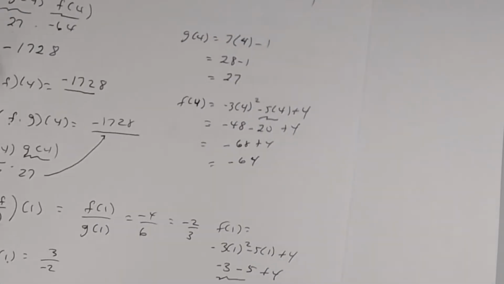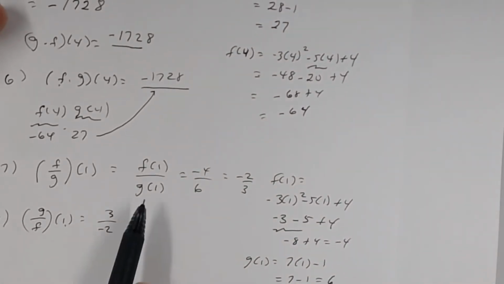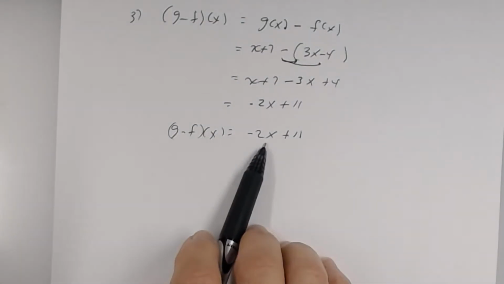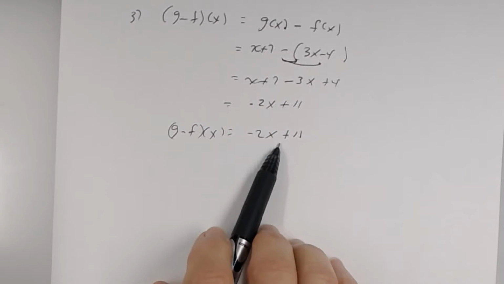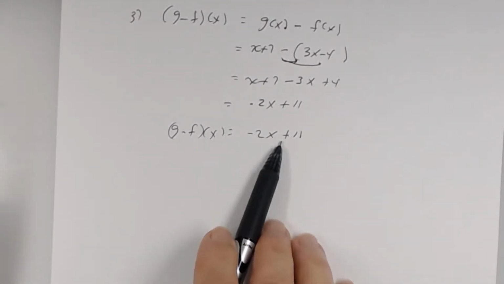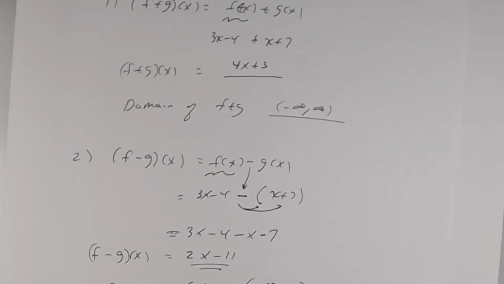Okay, so let's talk about something you learned last semester with factoring. What is the opposite of negative 2x plus 11? Positive 2x minus 11. So if you go back to number 2 that we just did, what do we have?